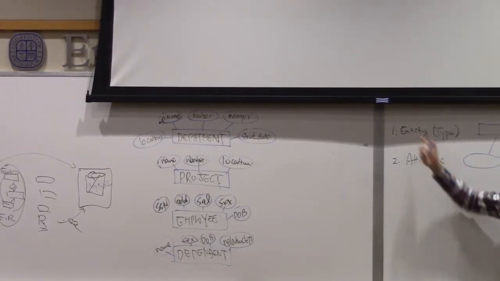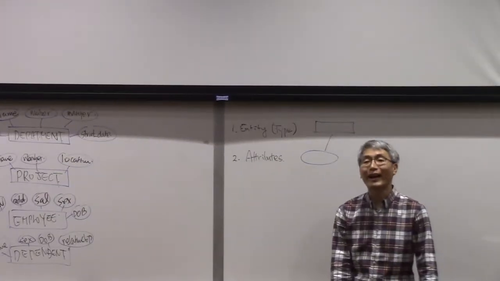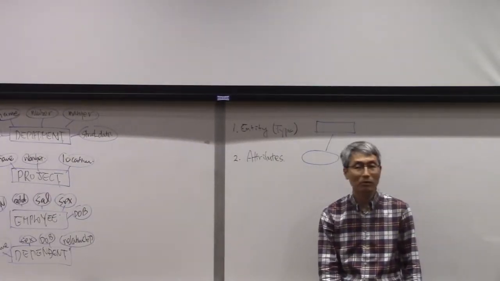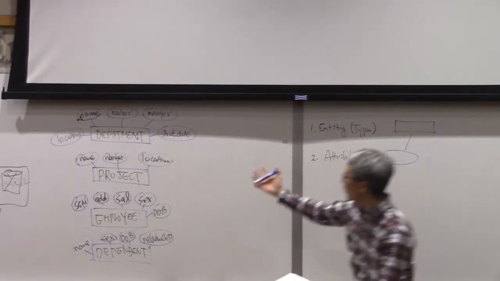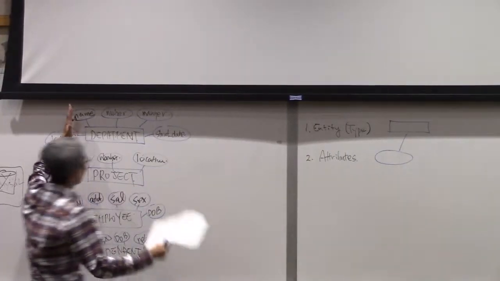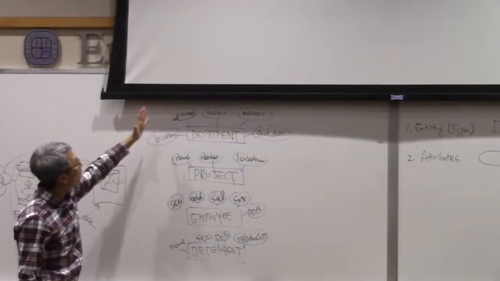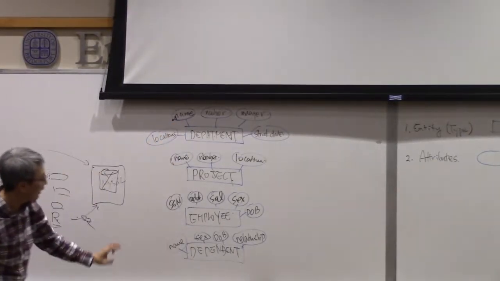So first find the entity, actually entity type, and their attributes. As many attributes as possible that describe each entity. Then even from this diagram, we can understand this database. The company has four important things: department, project, employee, and dependent.